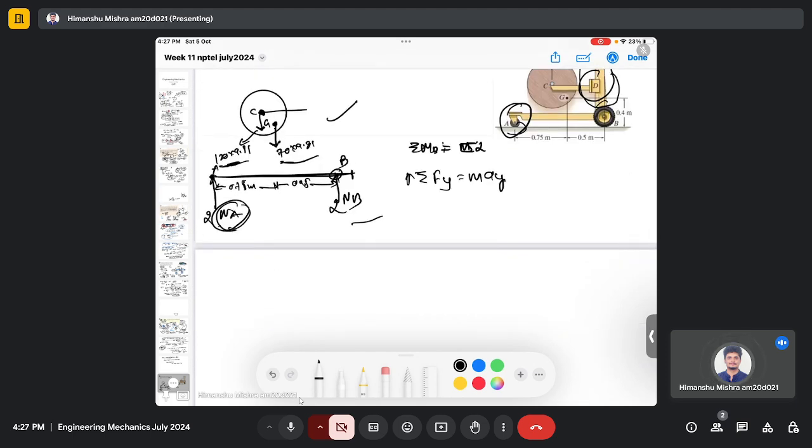So the force in the vertical direction is this weight, these 2 weights and these 2 normal reactions.